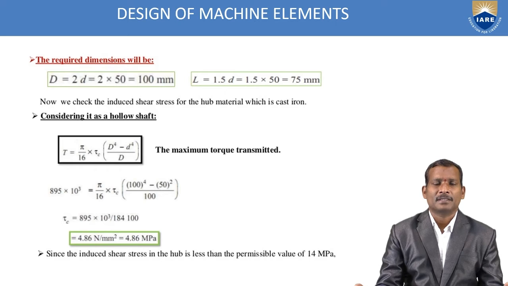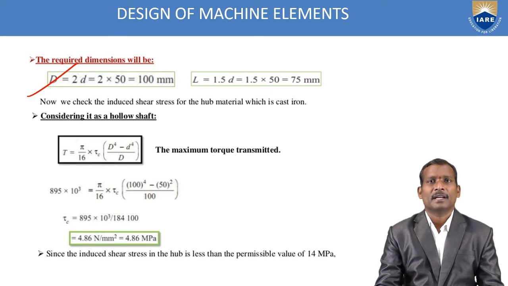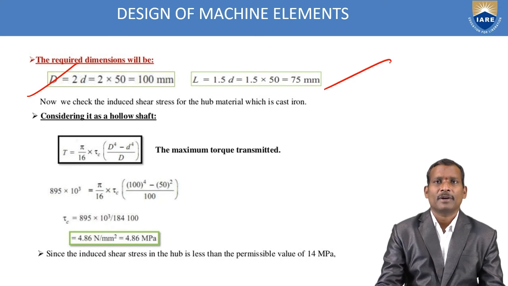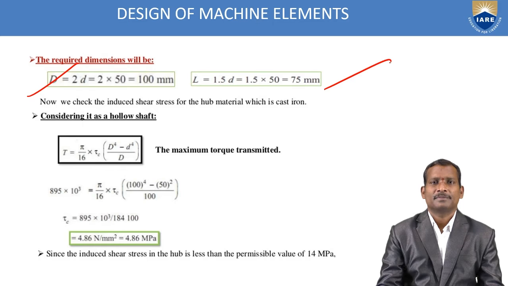The required hub dimensions: outer diameter D is already calculated as 100 mm, and length is 1.5 times d.